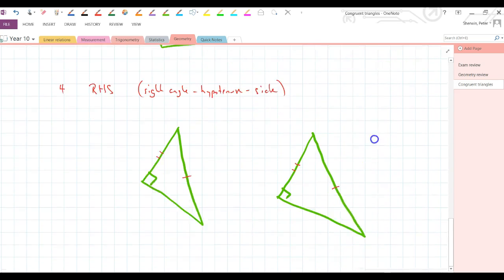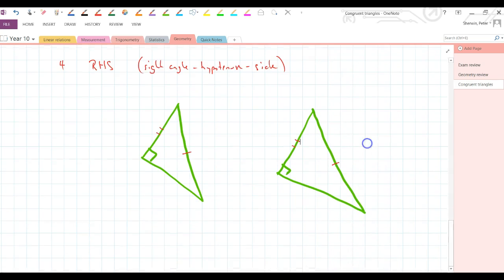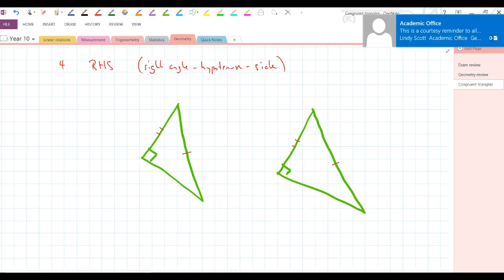There are four tests for congruency. I suggest having a look at the example on page 97, referring to the Cambridge textbook, Year 10, Victorian syllabus, Australia.